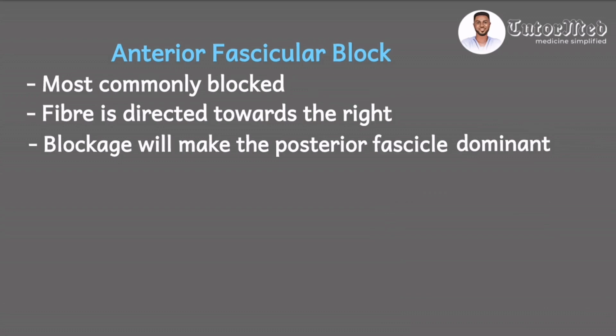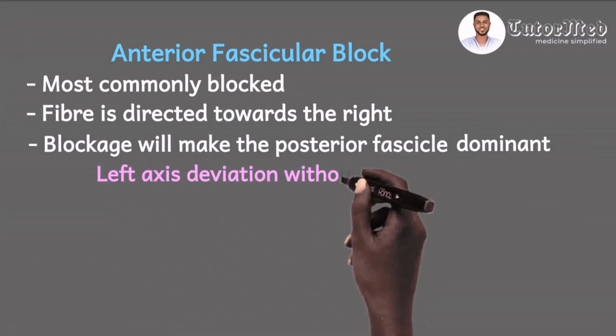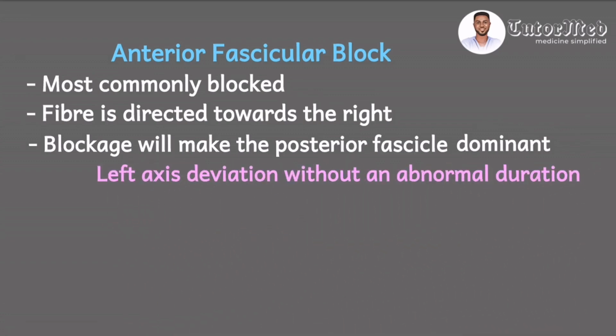And this will manifest on the ECG as a leftward deviation or a left axis deviation without an abnormal QRS duration. And so if you have a left axis deviation with a normal QRS duration, it may point to an anterior fascicular block.